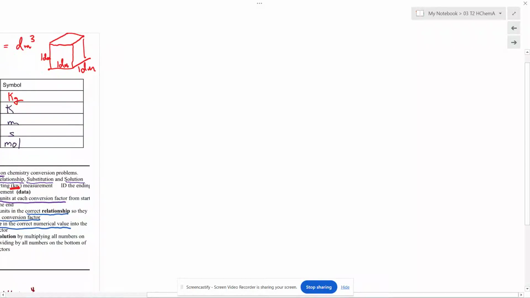Show how to convert 1,400 milliliters. 1,400 milliliters. That's the thing we know. So that's what we're going to start with. And we want to convert that to liters.